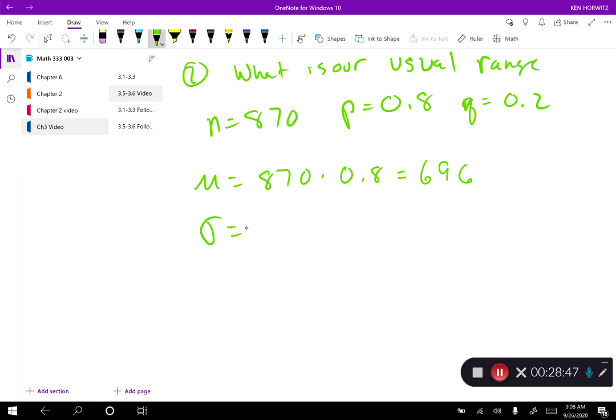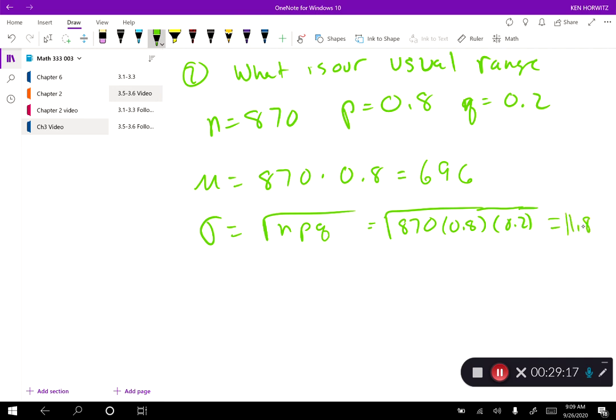Our standard deviation is going to be the square root of n times p times q, which is the square root of 870 times 0.8 times 0.2. Why don't you take a moment and do that as well? I got 11.8.